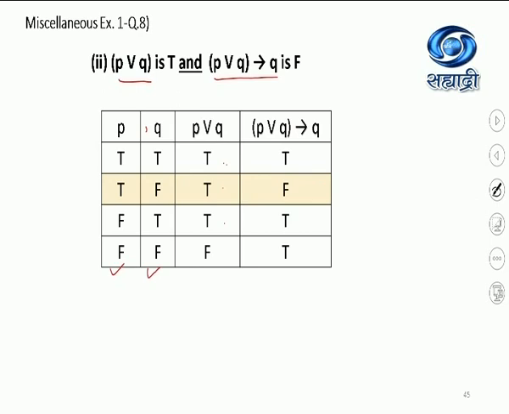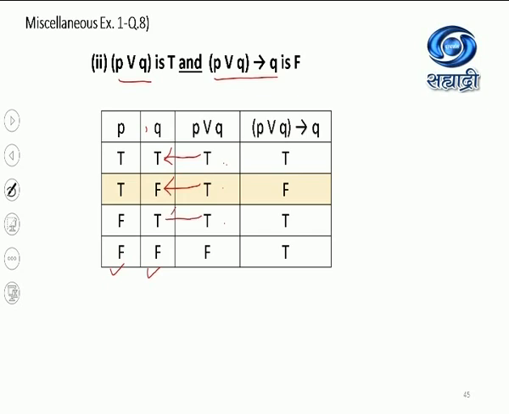So, what do I do? If you have a pencil in your hand, or don't use the pen, use two fingers of your hand: keep your first finger on the P or Q column and the second finger on Q. T implies T, T implies F, T implies T, F implies F. Now for implication, the hint is that only the T implies F combination is F. So where do you see T implies F?